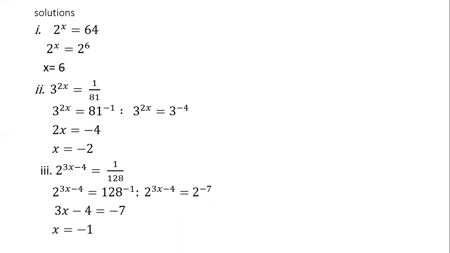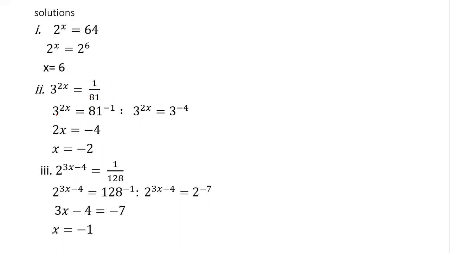So simple. Next, 3 raised to the power 2x equal to 1 over 81. Now, if you want to apply that law, then we have to push 81 up. As usual, we push it up, it becomes 81 raised to the power negative 1, as you see here. 81 power negative 1 is the same as 1 over 81.